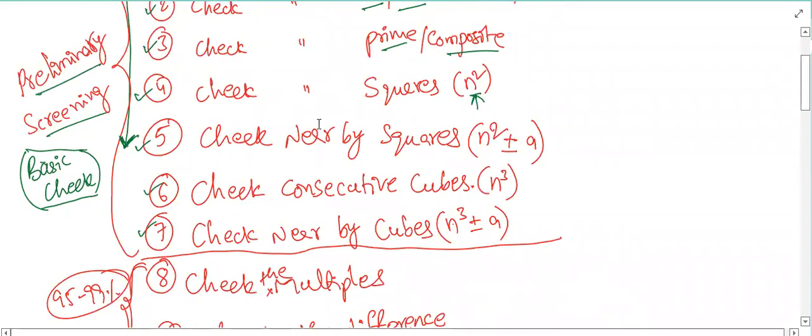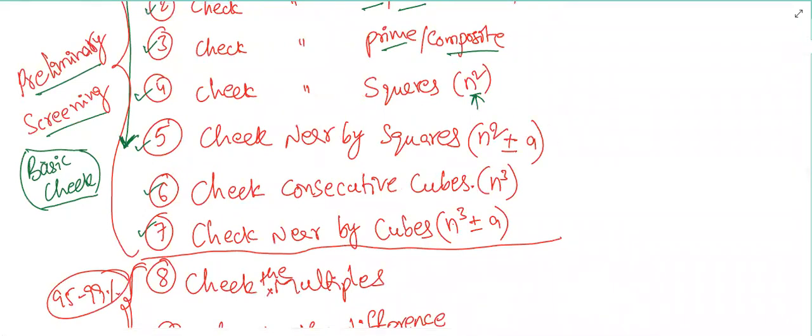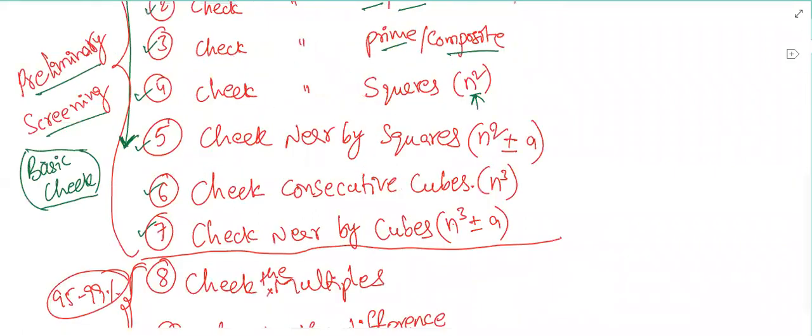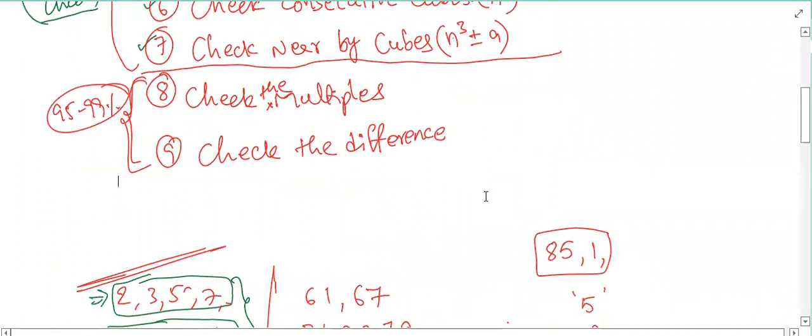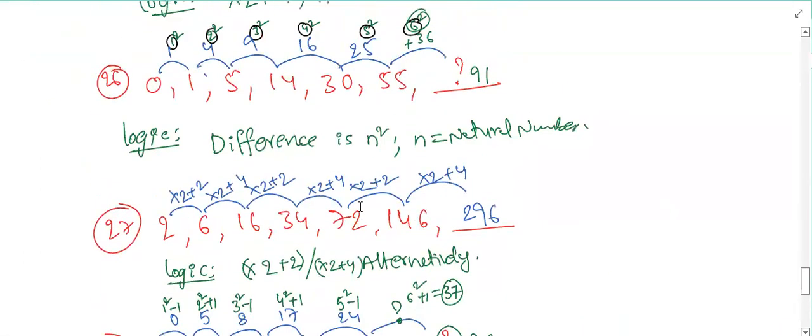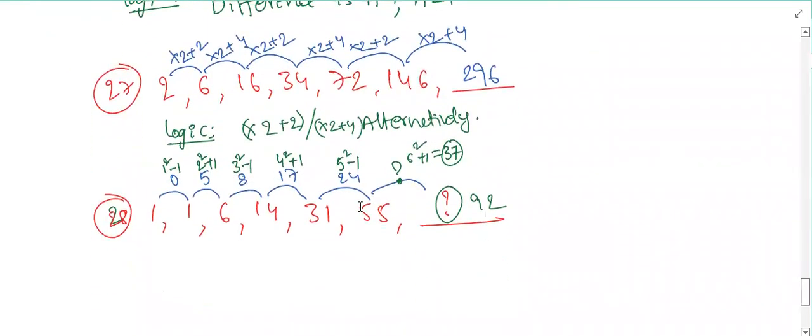Till taking the differences or multiples, it is point number 8 or 9, but after that, we have to check the basic checking again on the difference numbers.